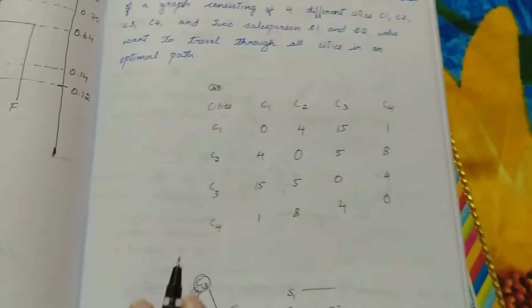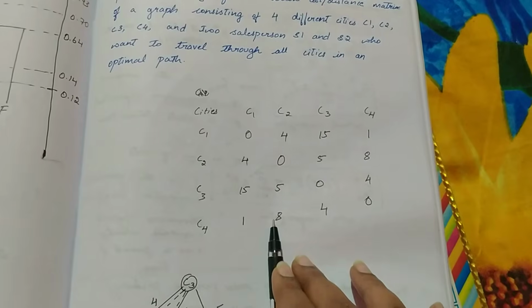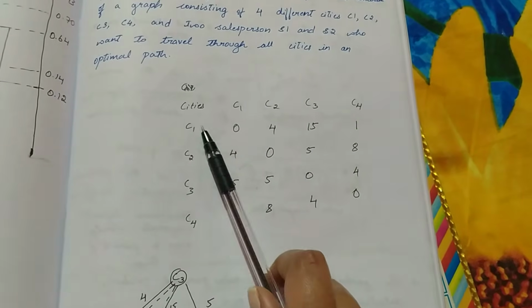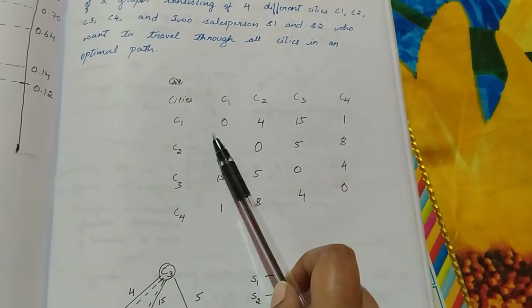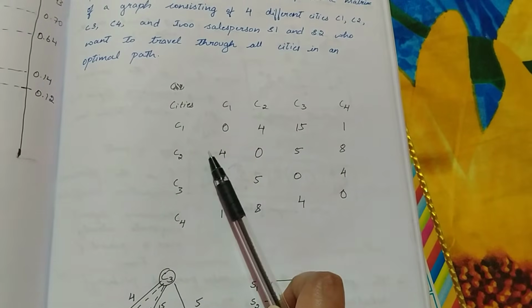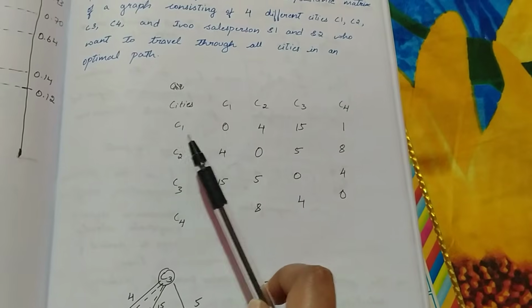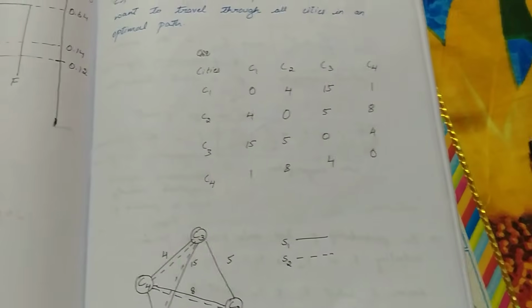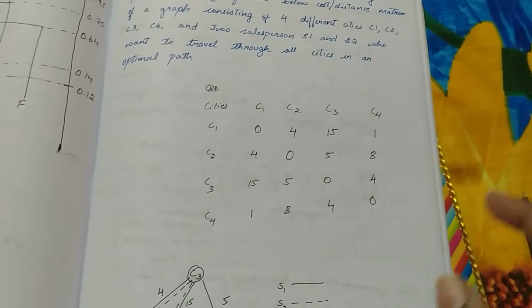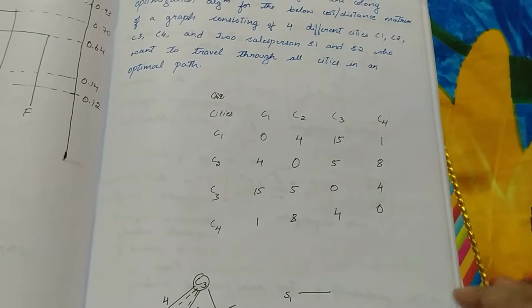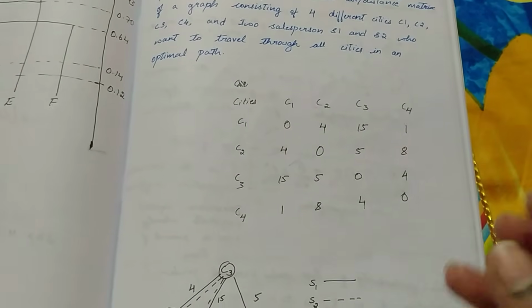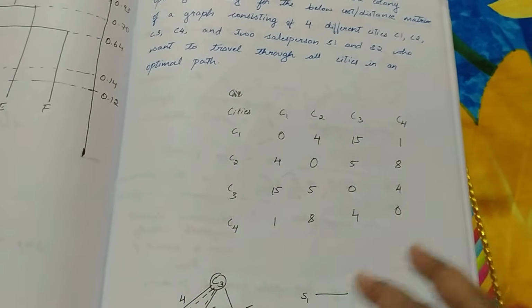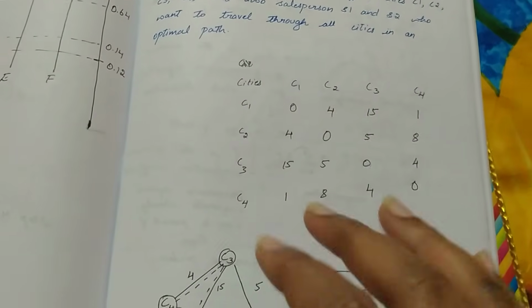So this is a cost matrix given, C1, C2, C3, C4, and these are the costs with respect to those particular cities. To be frank, I didn't find any solution regarding this. But now I'm sharing some related information which I received based on the topic, though I'm not convinced with the answers I have.